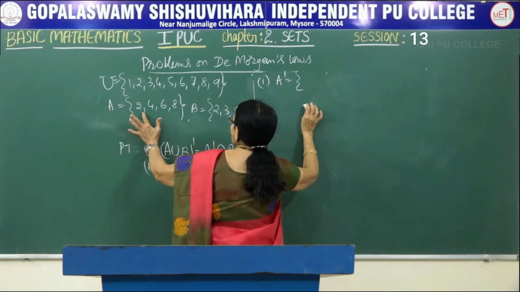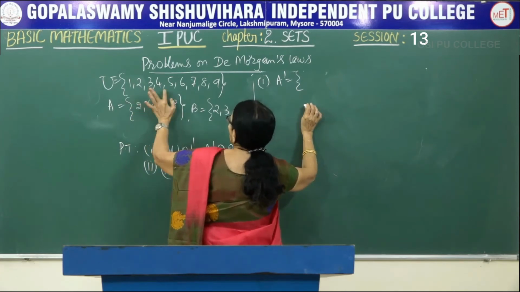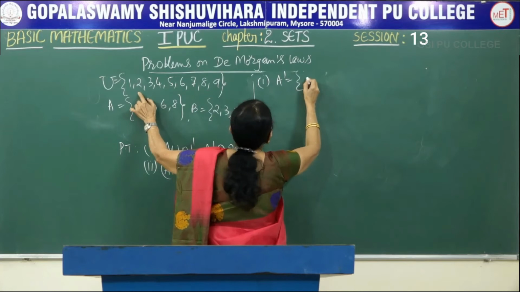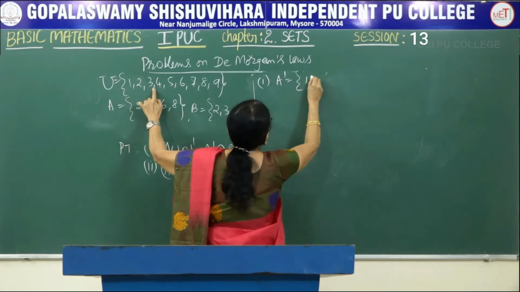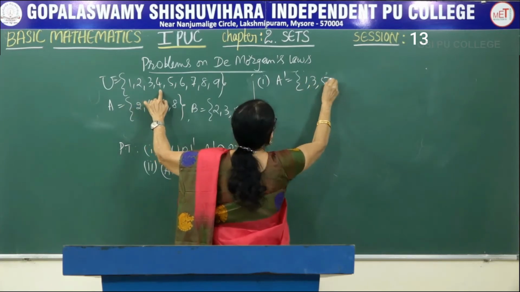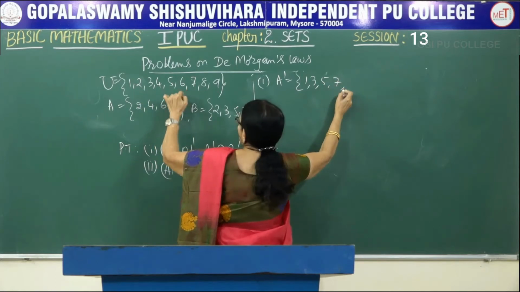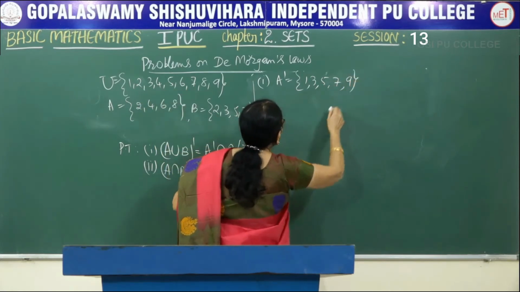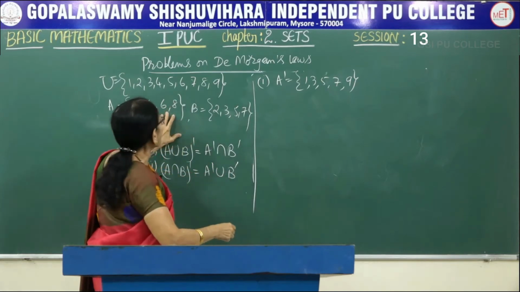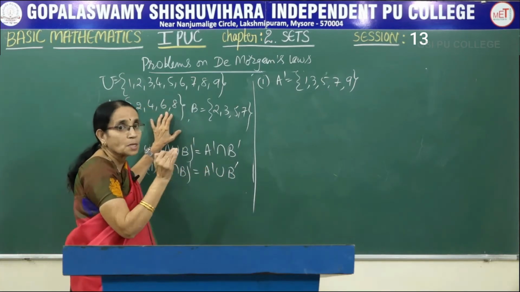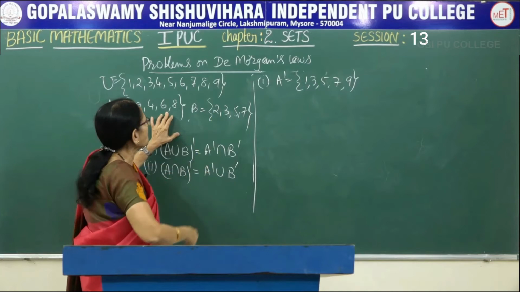Look here, A is having 2, 4, 6, 8. Write the remaining elements 1, 3, 5, then 7 and then 9. Correct? 2, 4, 6, 8 are already there. Complement means omitting those elements. You have to write the remaining elements.